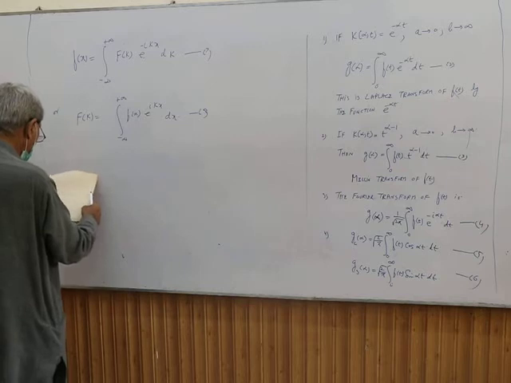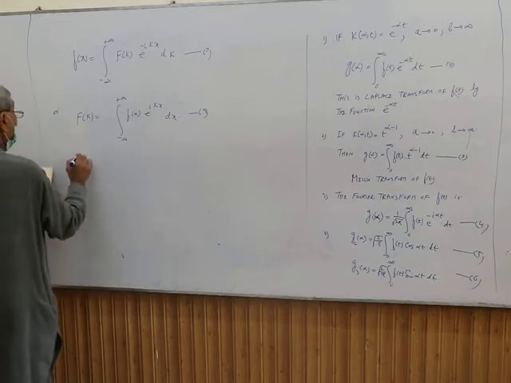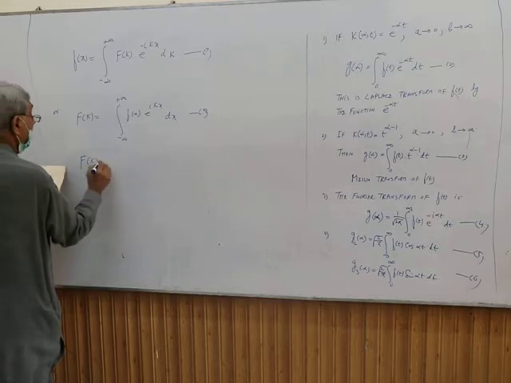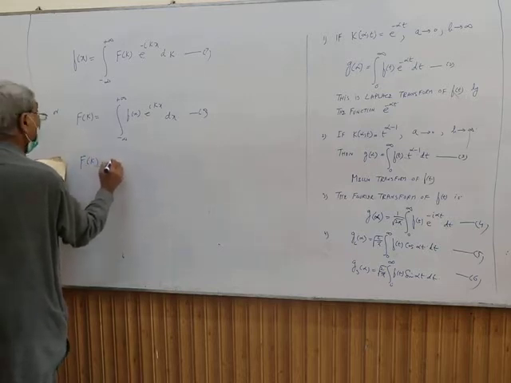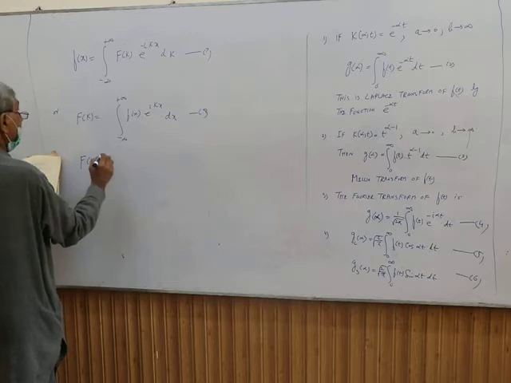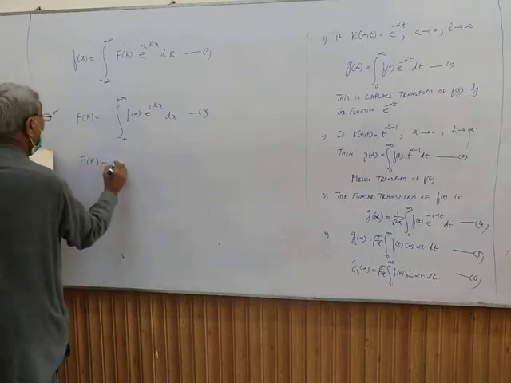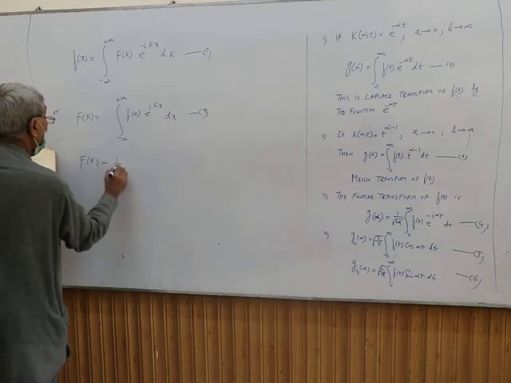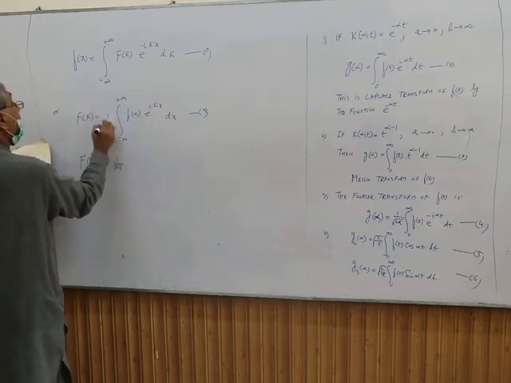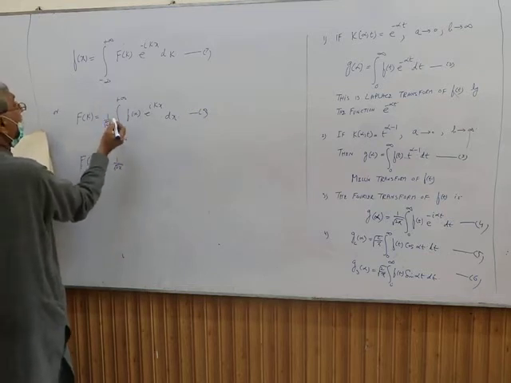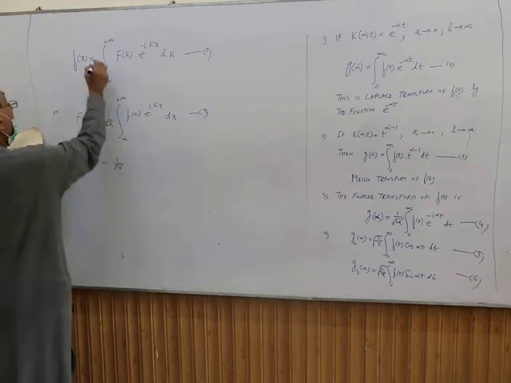Now what I can do is take this f(k), starting with that, and write it with 1 over square root of 2 pi, that is the normalization constant. It is up to you whether you put it there or not. It is the same for the two.